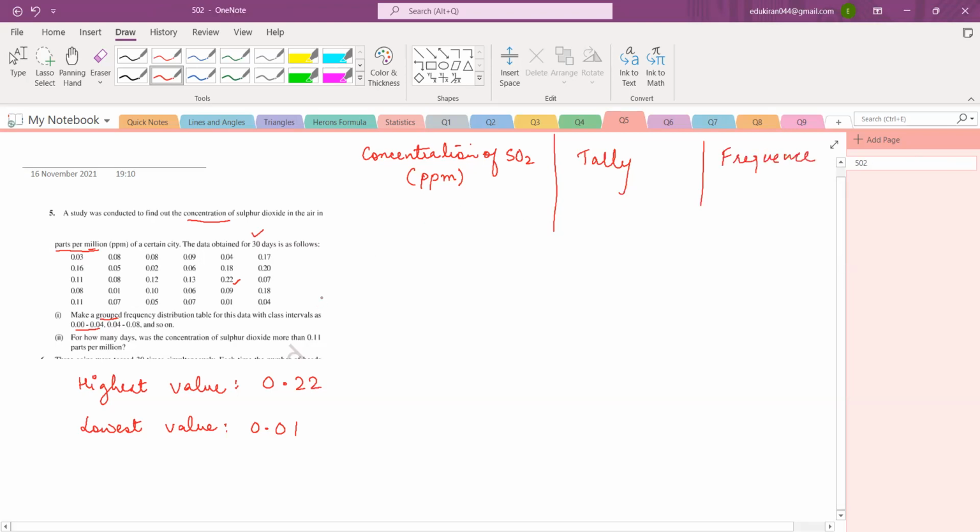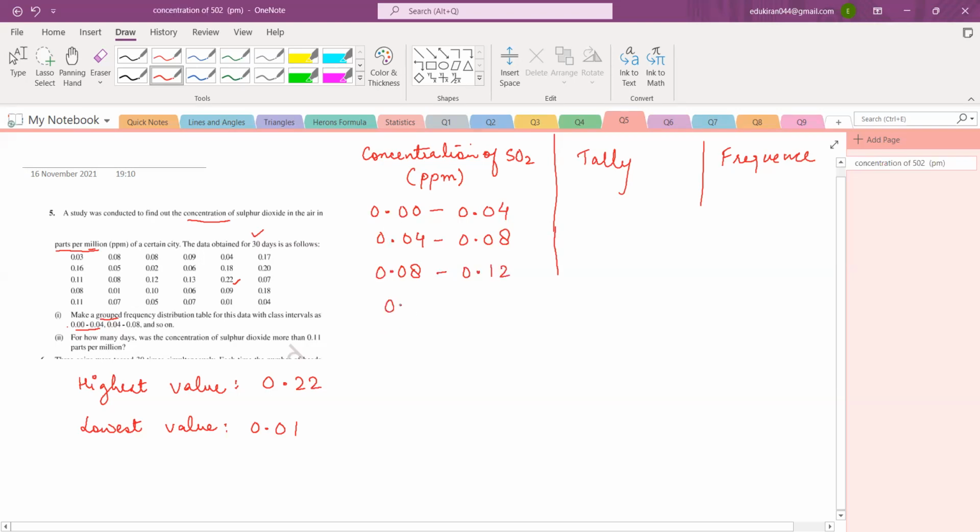Okay, so let's make interval. It's given that you have to start from here, 0.00. So the first one is 0.00 to 0.04. The next one is going to be 0.04 to 0.08, right? Then 0.08 to 0.12, right?